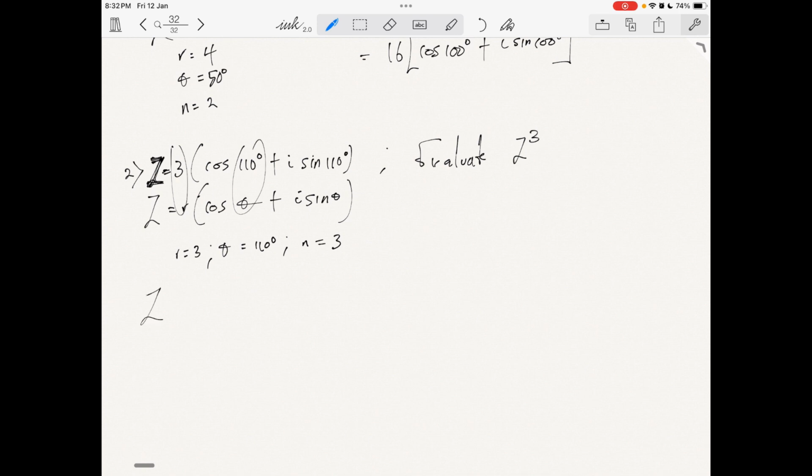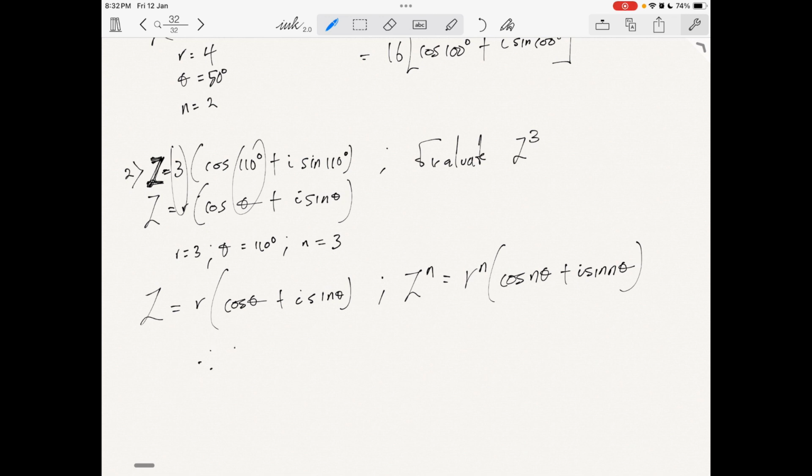So we recall that if z is equal to r cos theta plus i sine theta, then z raised to power n is equal to r raised to power n cos n theta plus i sine n theta.